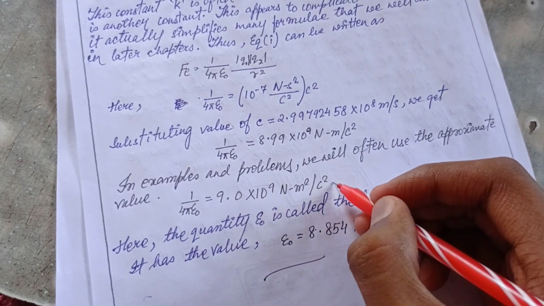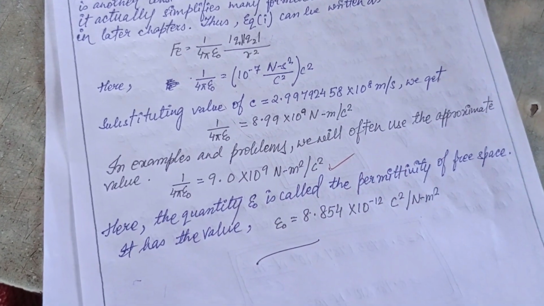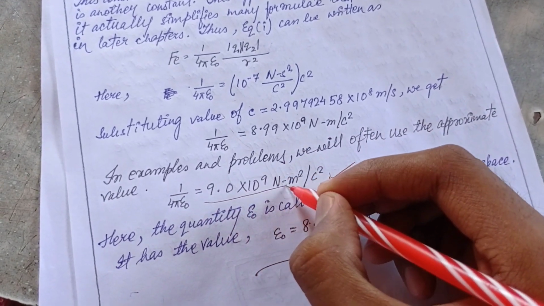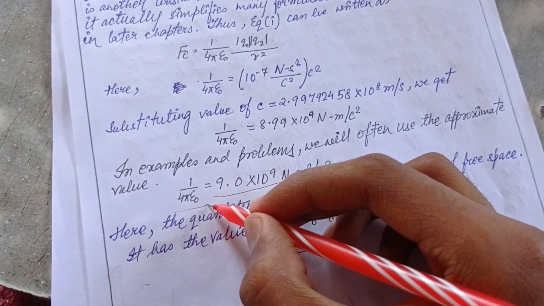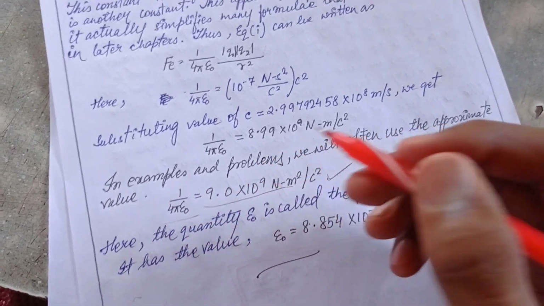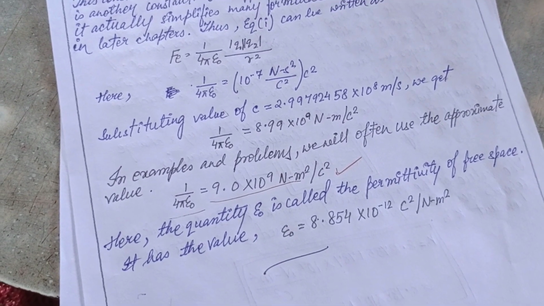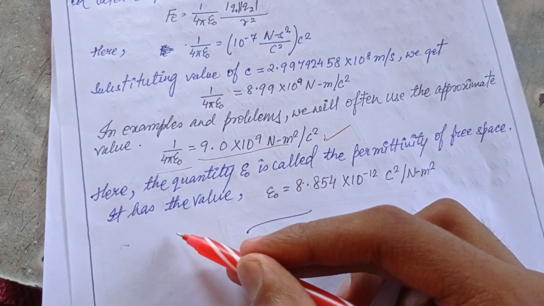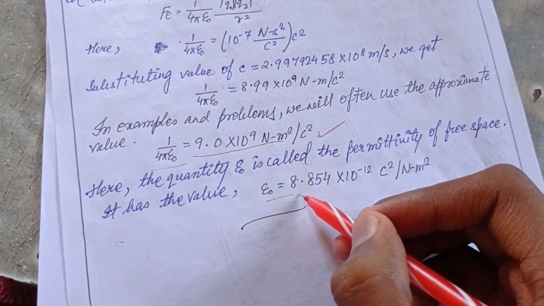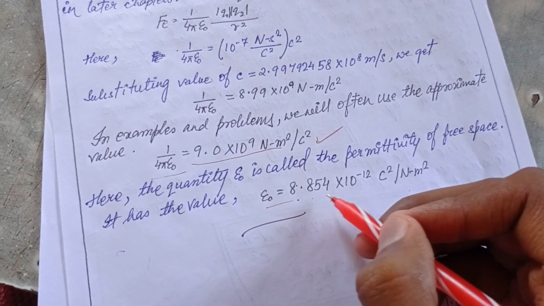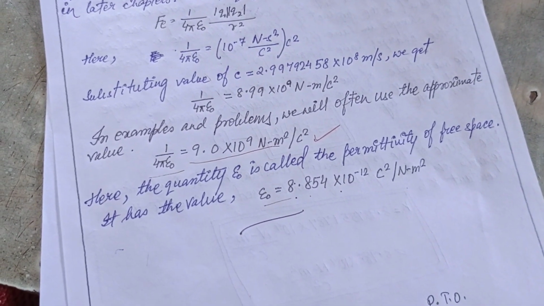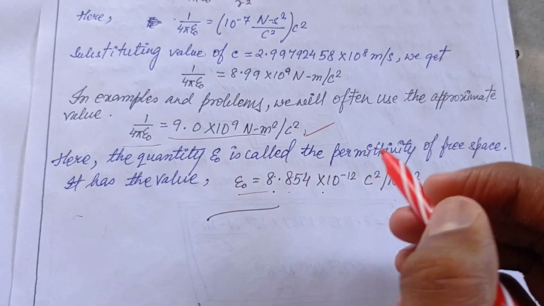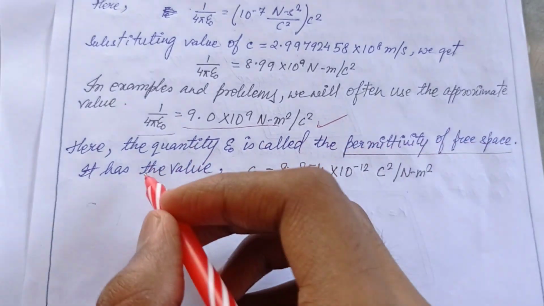Now while solving the problems we'll be using the value of k as 9.0 × 10^9 or somewhere 1 by 4 pi epsilon naught. Here the quantity epsilon naught is called the permittivity of free space.